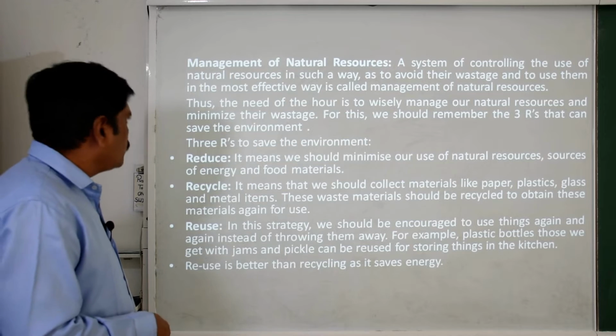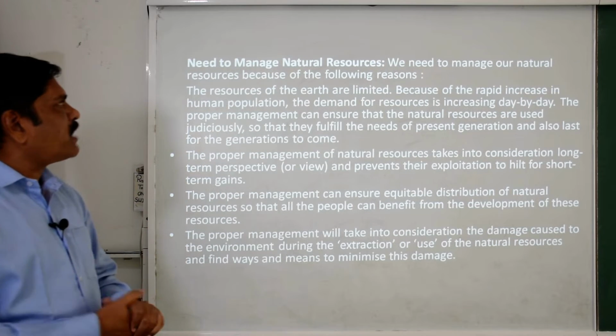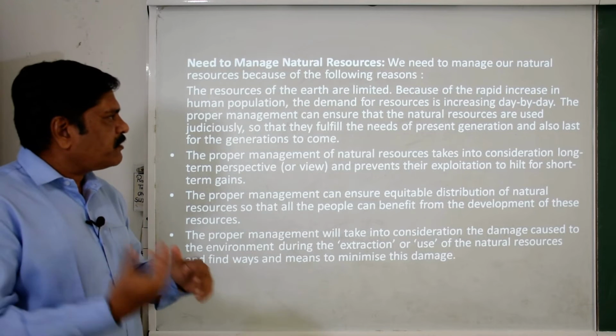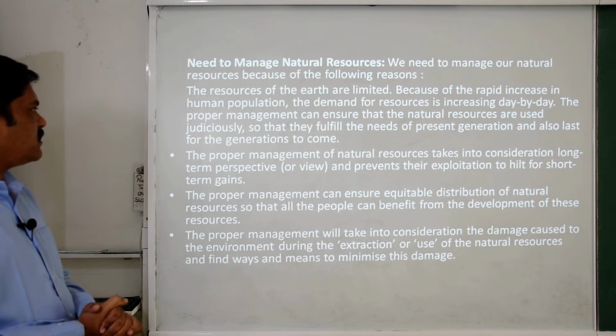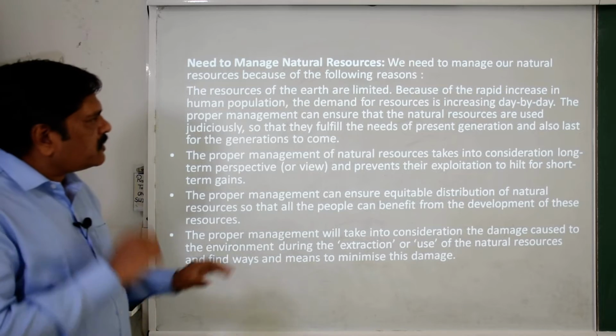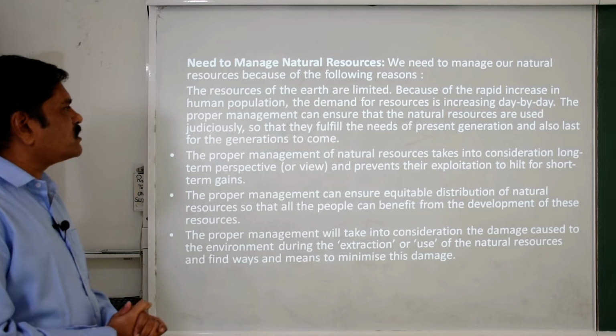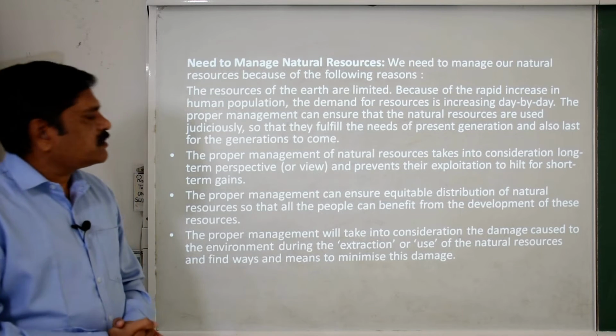Clear? Now, next we are going to discuss the need to manage the natural resources. So, what are the basic needs we are facing for managing this, for their judicious use, to fulfill the needs of the present generation and also last for the generations to come?